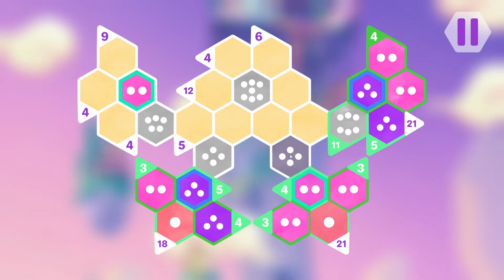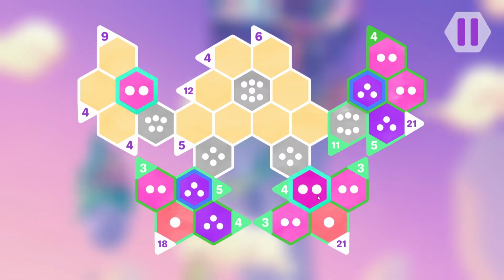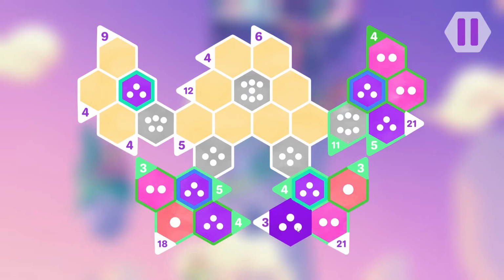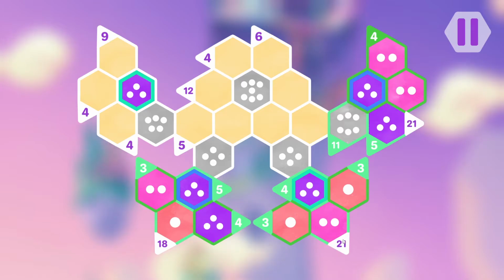So we have 3, 7, 14. We have 7 left and only 2 cells. That means that this can't be 2. This is supposed to be 3. So this is 1, this is 2, and this is 1. Okay, so this is the correct combination. What we have left? We have 5, 9, 16.